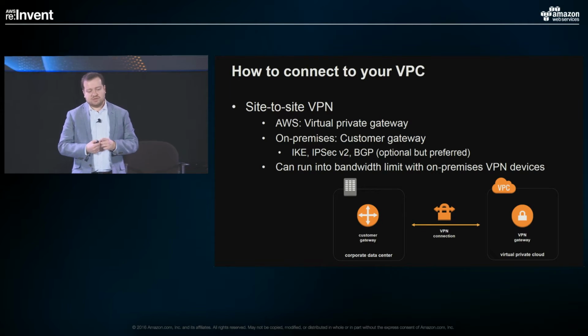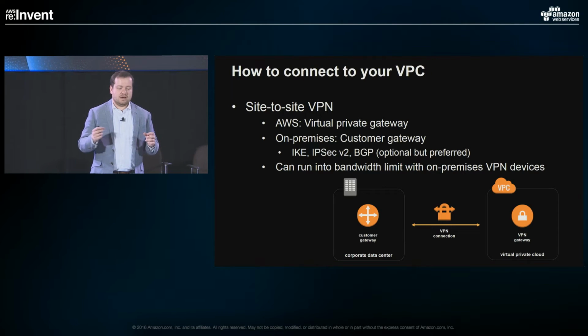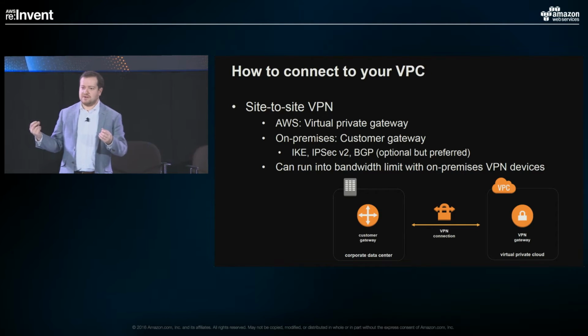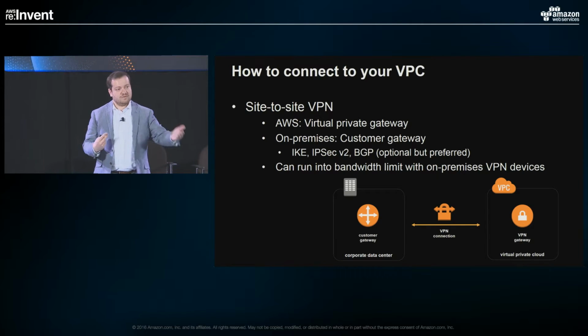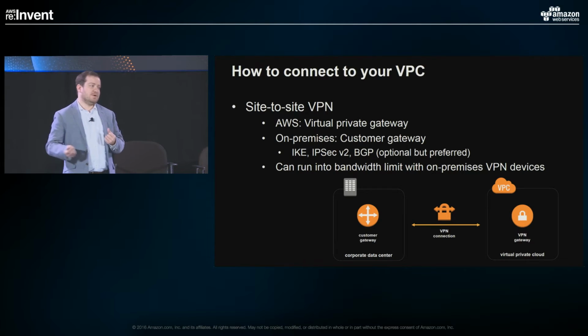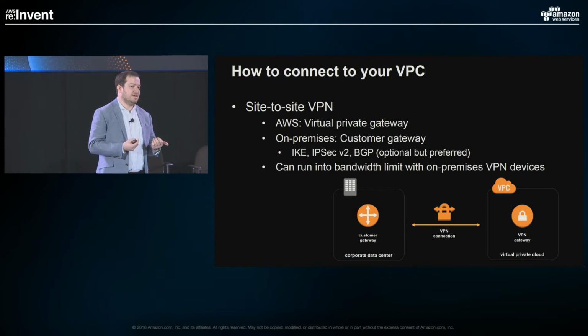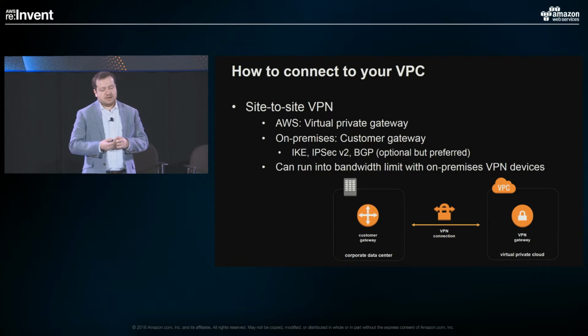When you set up a site-to-site VPN, it's going to set up 2 different VPN tunnels. If you have BGP and one of the VPN tunnels fails, it's going to fail over to the other VPN tunnel automatically. If you don't have BGP, you're going to have to manually fail that over. That's some extra work, and it's not an automated failover.